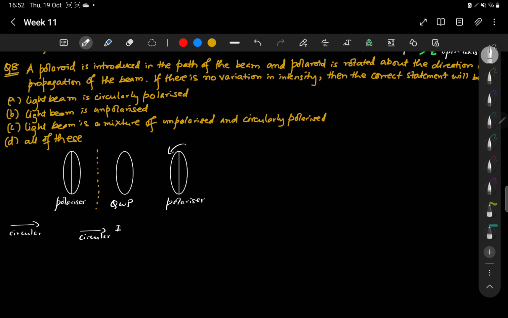So I'll just see I naught by 2 if my input intensity is I naught. And if I rotate my polarizer, I will see no variation. After the quarter wave plate, this will become linearly polarized. And after this polarizer, what I will observe is, let me draw the axis.